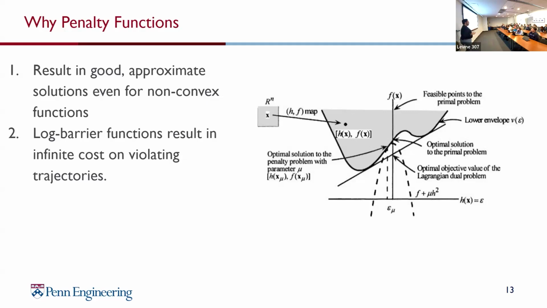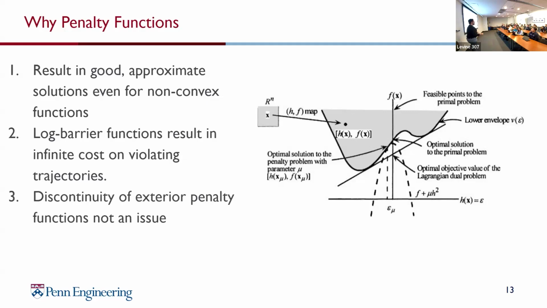And violating trajectories are very likely when you're doing sampling because you're not guaranteed that you're sampling into a safe or constrained set. Lastly, the main issue with exterior penalty functions when we're thinking about classical optimization techniques is that they're discontinuous because of activating in the exterior. And this is not an issue for us because we're using sampling. We don't necessarily need the gradients. So we can just make use of exterior penalty.